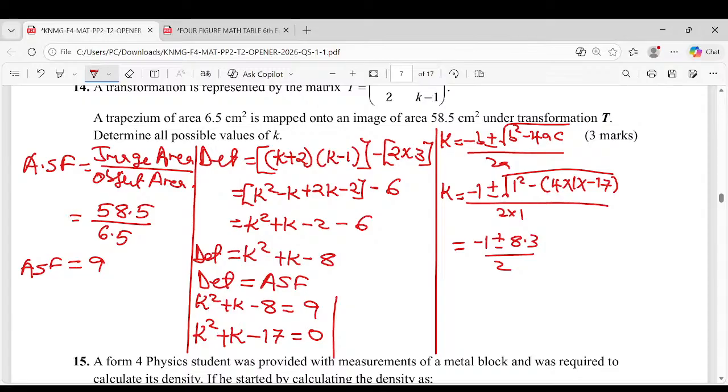This will mean that our k can be equal to, let me start with negative 1 minus 8.3 divided by 2, negative 4.65, or negative 1 plus 8.3 divided by 2, 3.65.